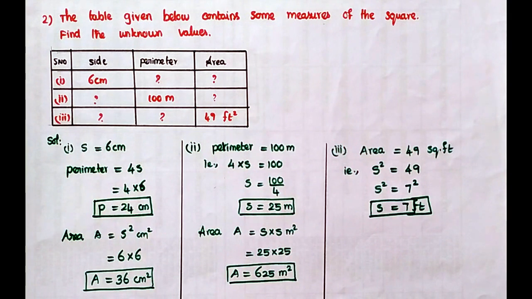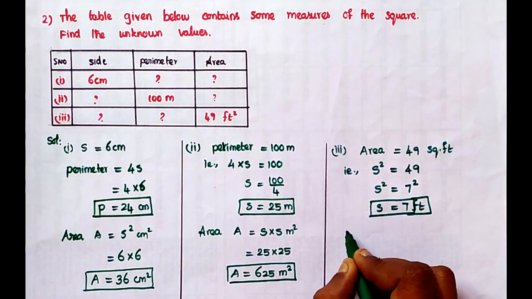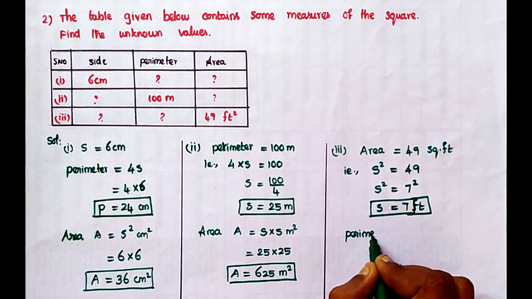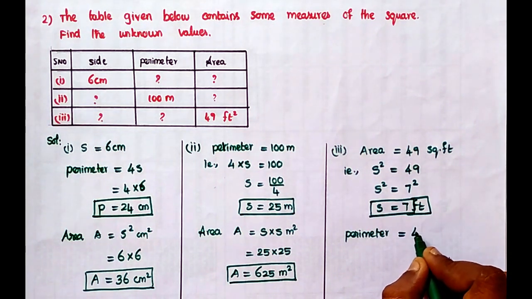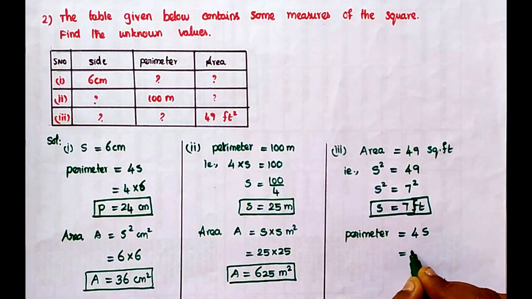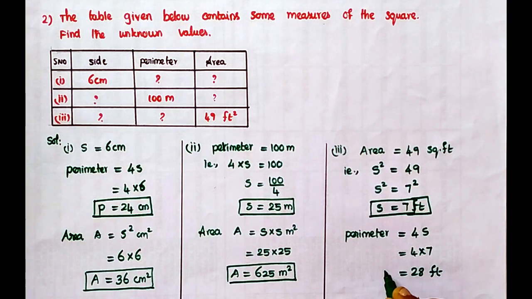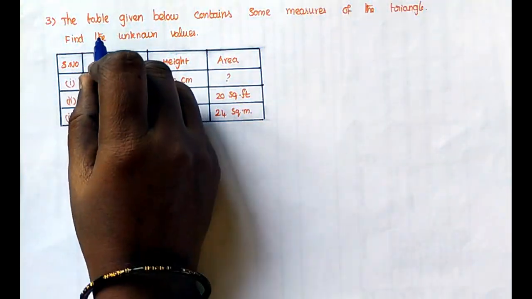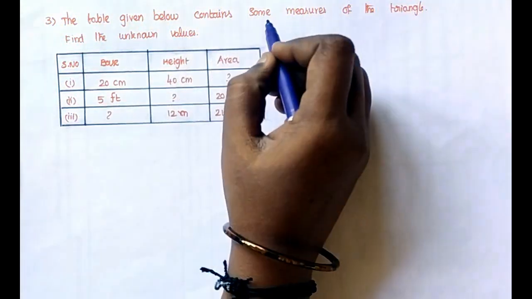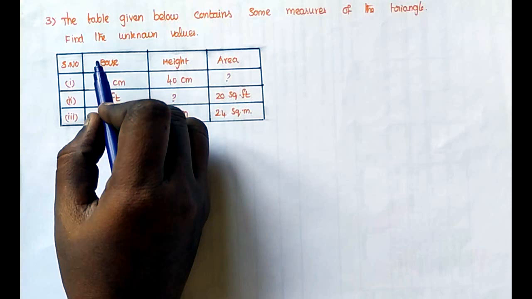Given in square feet. Now perimeter equal to 4 into s, that is 4 into 7, that is 28 feet, that is perimeter. That is the answer.